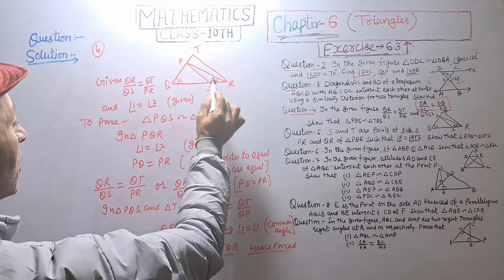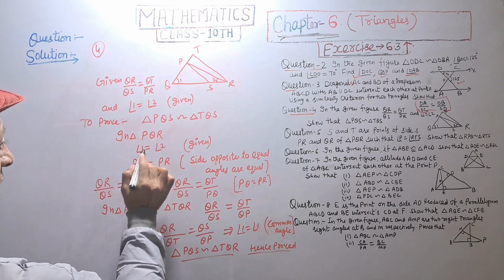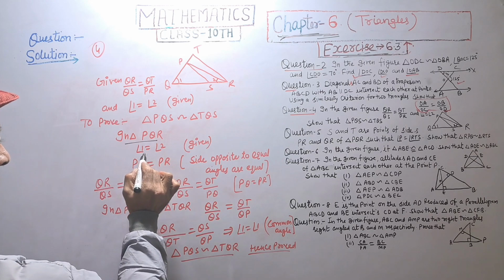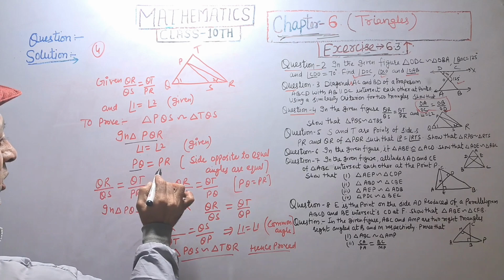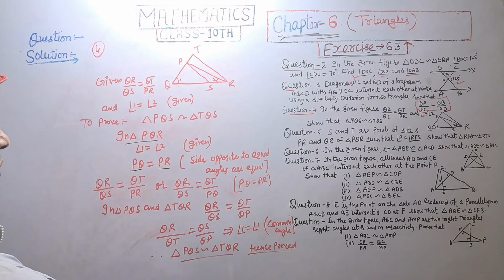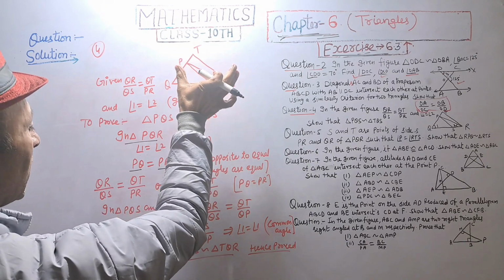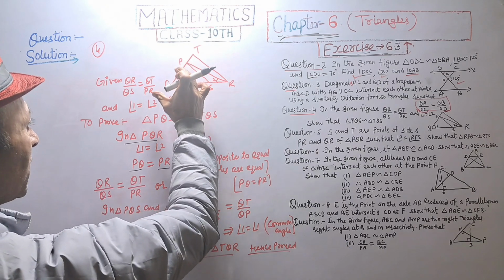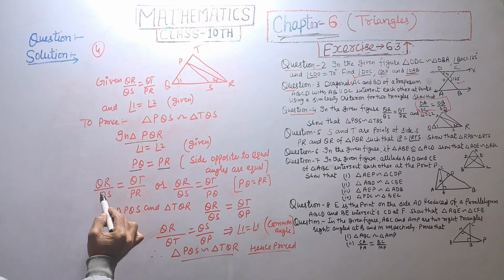In triangle PQR, angle 1 is equal to angle 2, given, so PQ is equal to PR, and given QR upon QS is equal to QT upon PR.